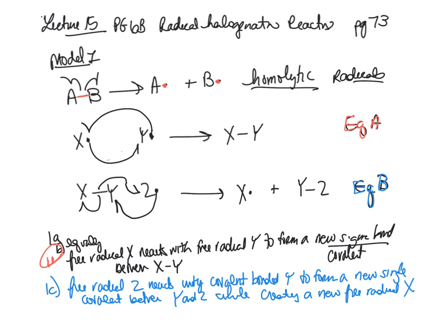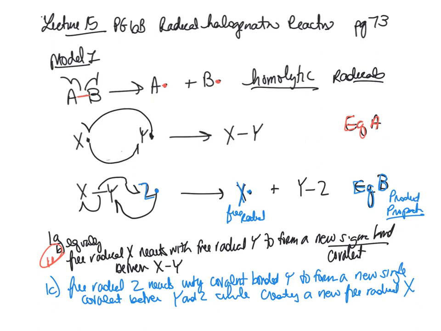In which reaction are radicals formed as products? Equation B, we have a free radical here. And you'll learn that this is a propagation step, right? You have a free radical in the starting reactants, and a free radical is generated in the product. That's a propagation step.